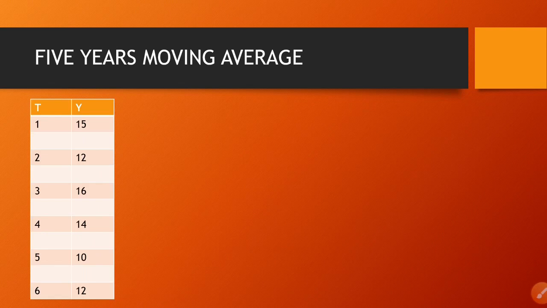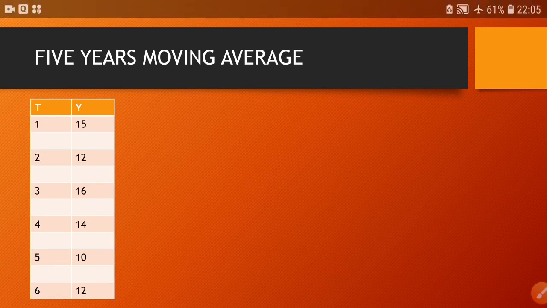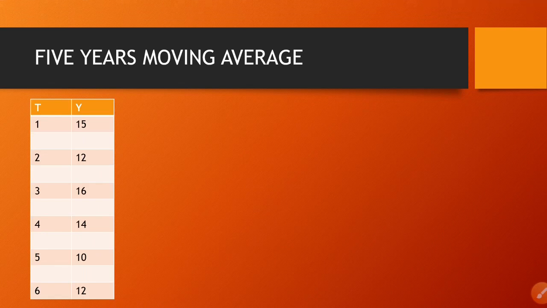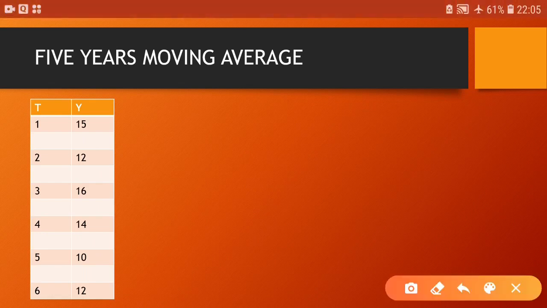In 3 years you remember that you have to take 1 year itself, one up and one down. In 5 years what we will do is take that year itself, 2 up and 2 down. See, what you need to do, you need to take 16 itself.